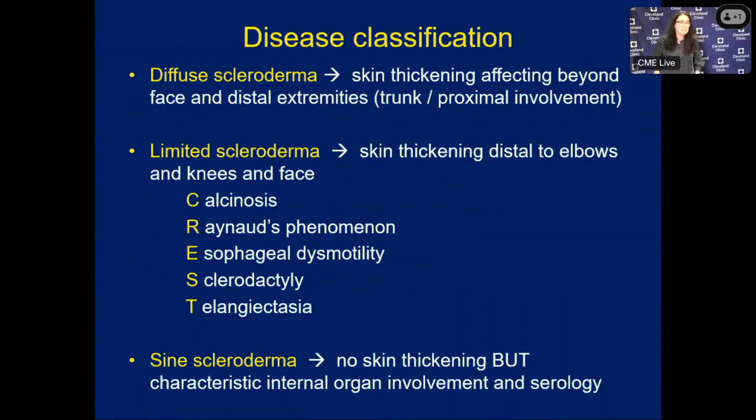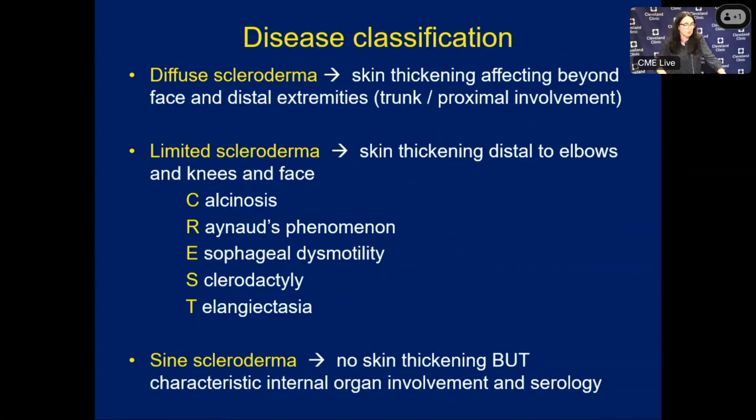The main disease classification is based on the skin involvement by the disease. So when you read diffuse scleroderma or limited scleroderma, think of diffuse skin involvement or limited skin involvement. And there are some extra skin typical associations in each group.